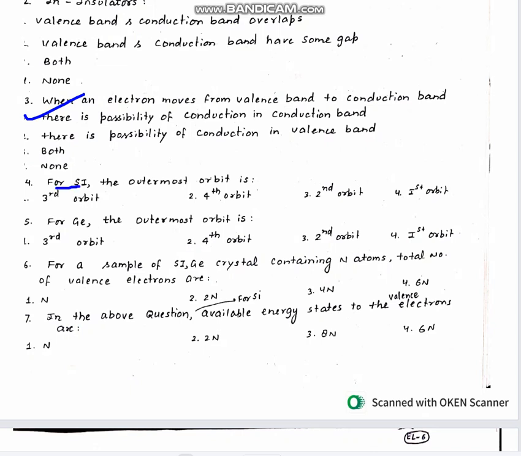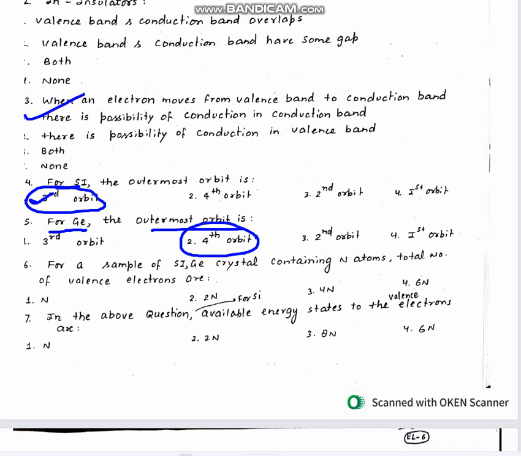Next is: for silicon, the outermost orbit is the third orbit, as evident from the electronic configuration, so the first is correct. Next is: for germanium, the outermost orbit is the fourth orbit, so the second is correct.